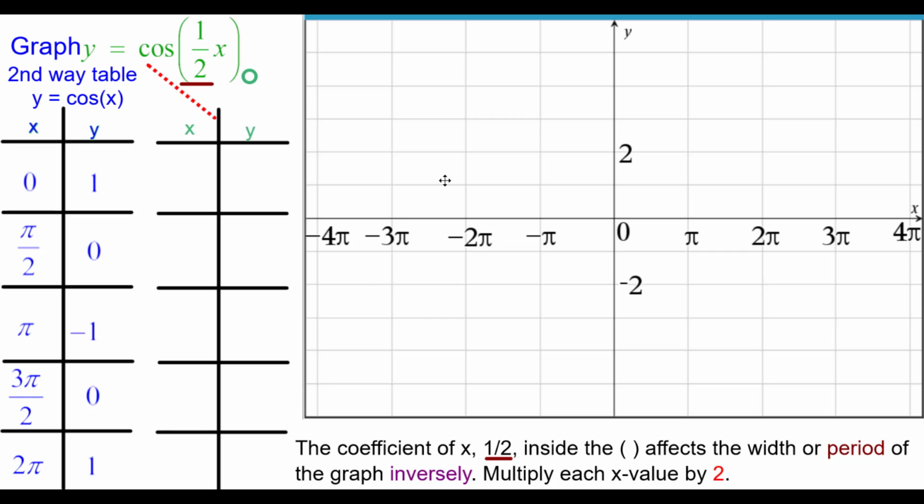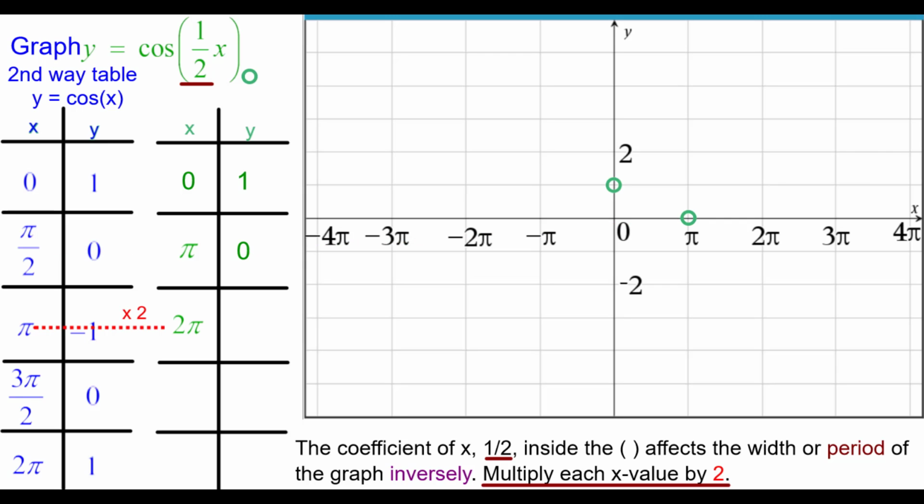And this is what we came up with. Multiply each x value by 2, so 0 times 2 is 0, but for the y values, there are no parameters to affect the y values, so the y values stay the same. So we'll start with 0, 1. Pi over 2 times 2 is pi. Again, the y coordinates stay the same, pi, 0.